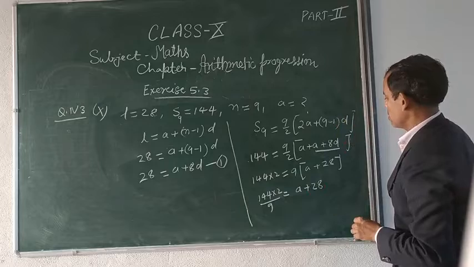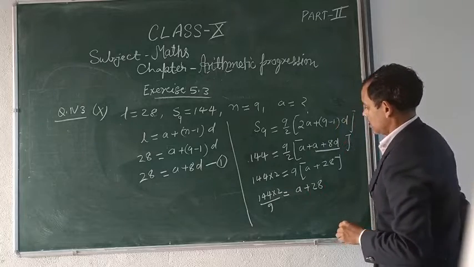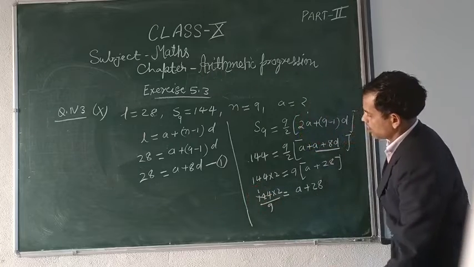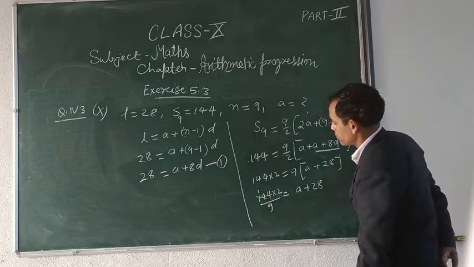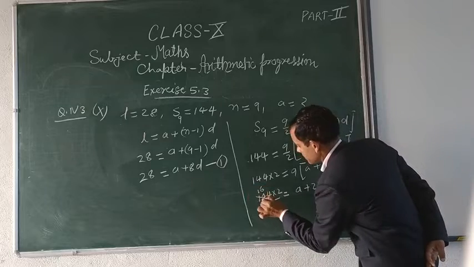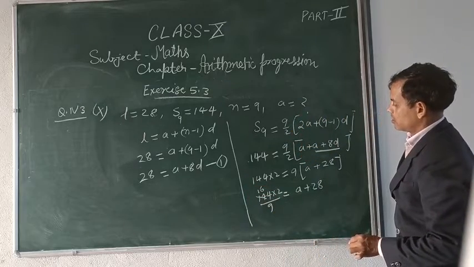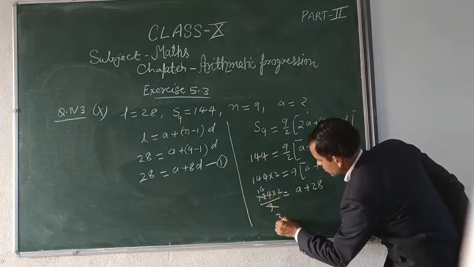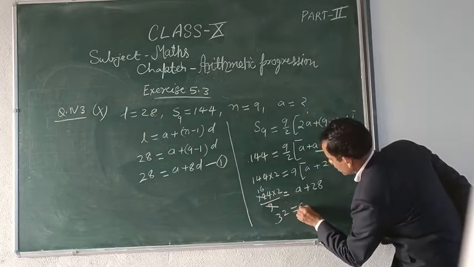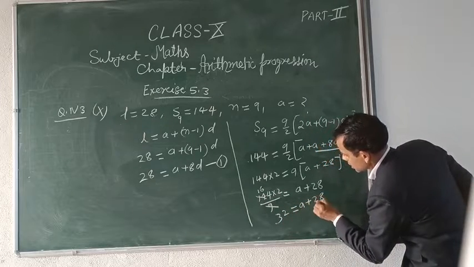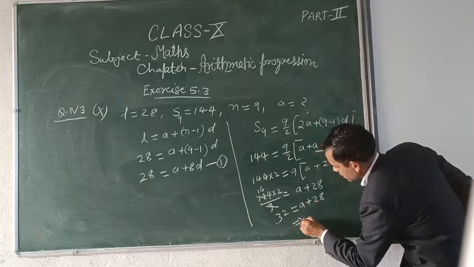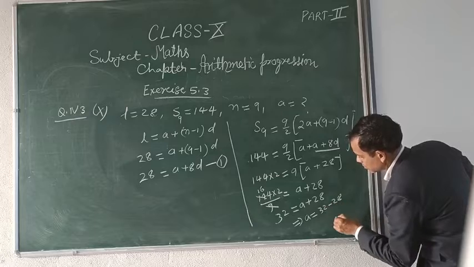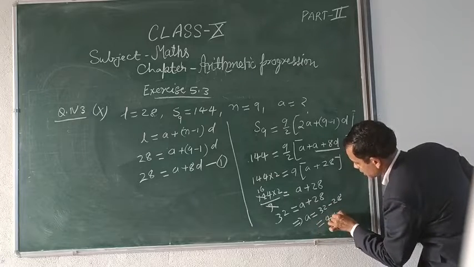After solving, 9 into 16 is 144, it will cancel, then it will be 32 equal to a plus 28. That implies a equal to 32 minus 28, it means 4, then that is your answer.